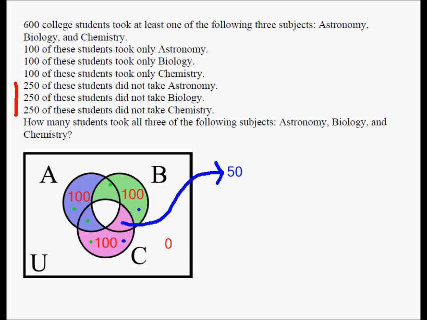Why? Because they belong outside the circle for biology, and we don't have to worry about this number because we don't have anybody here. So we are only talking about these 3 numbers. These 3 groups of people did not take biology, and that should add up to 250. So this better be 50.